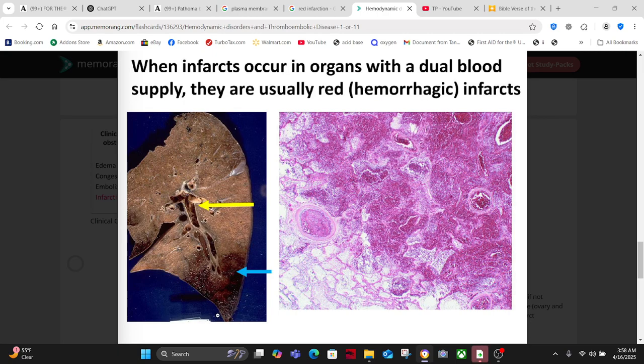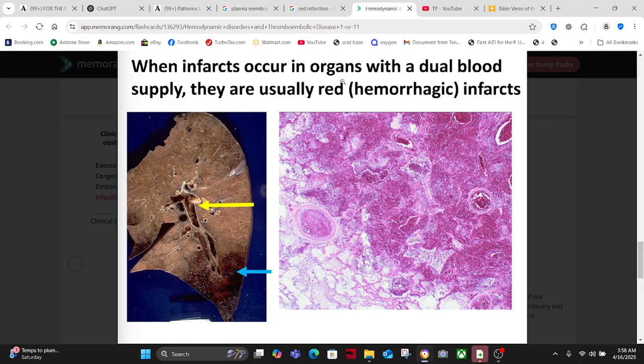See this? This area is a red infarct. And this is what it looks like close up. As you can see, it's more dense in color. And also, I can't see any nucleus. So, yeah, this is coagulative necrosis.